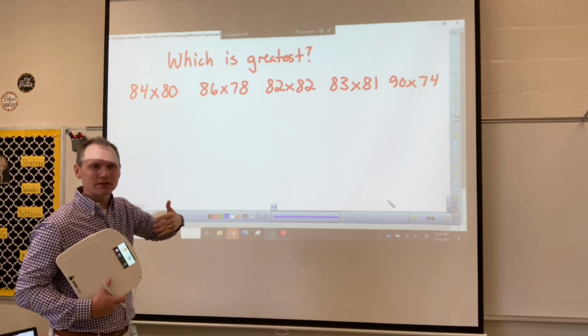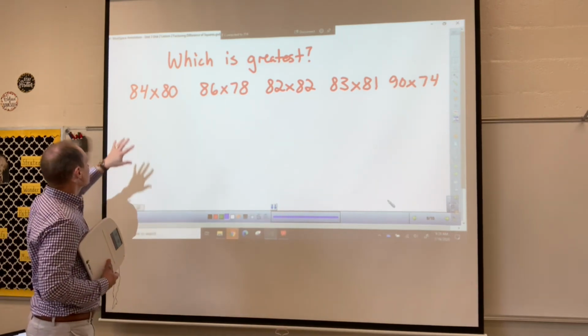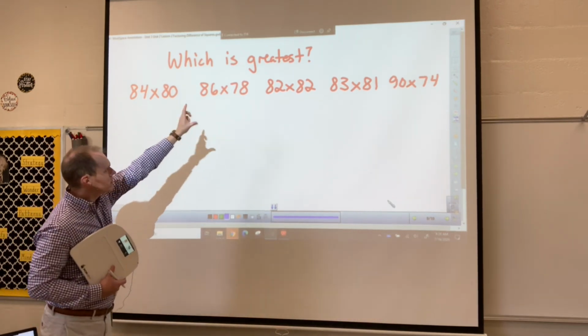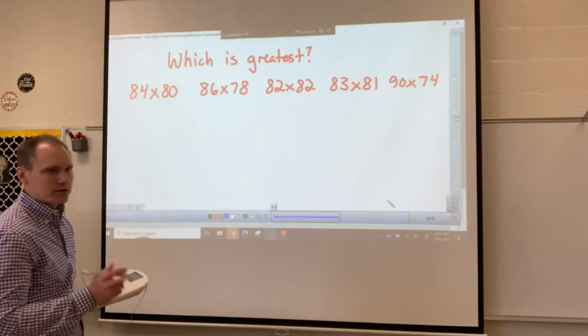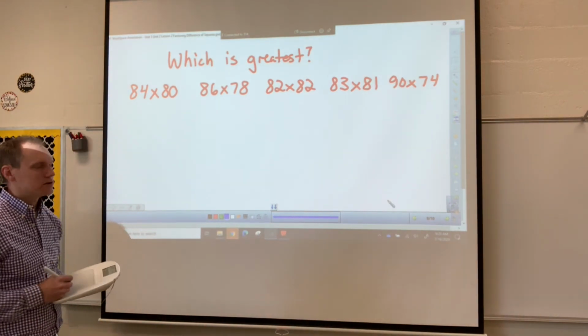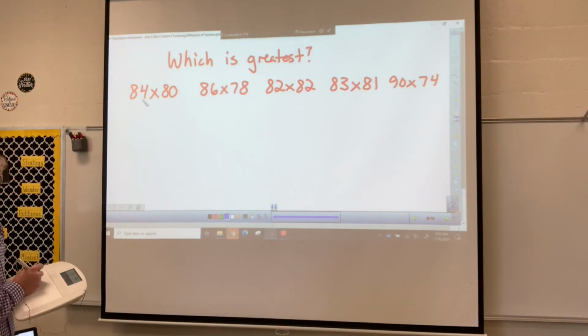So each one of these has a middle value of 82. So let's rewrite each one as the difference of two squares. This one would be 82 plus 2, 82 minus 2. So we can rewrite that as 82 squared minus 2 squared, right?